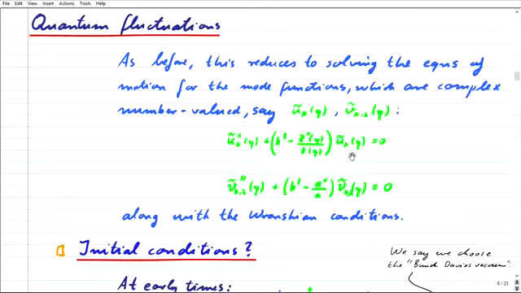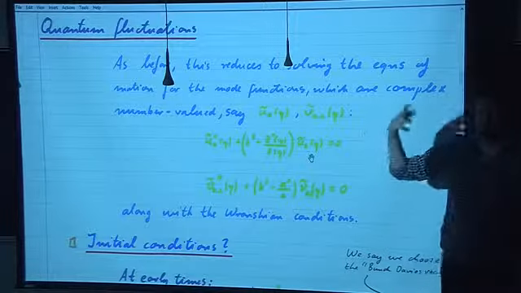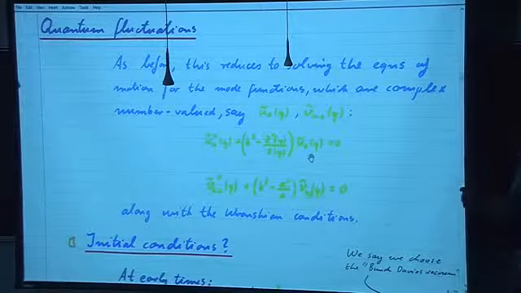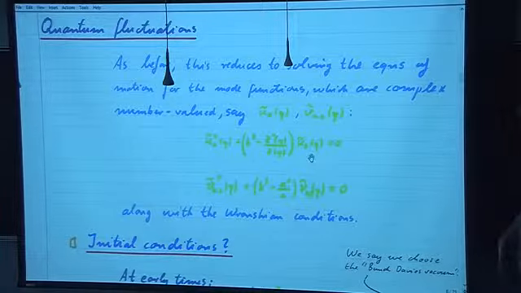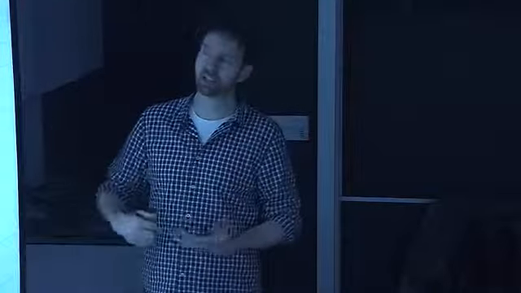solving these Klein-Gordon equations reduces to solving the equations of motion for the mode functions, right? So we express our field operators again in terms of A-dagger operators multiplied with mode functions. And the A-dagger operators take care of the commutation relations. The mode function's job is to take care of the equations of motion.